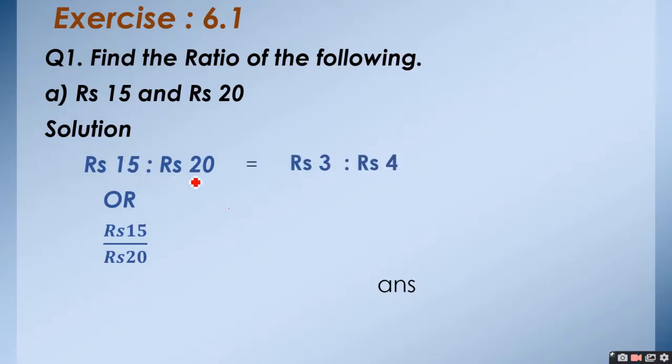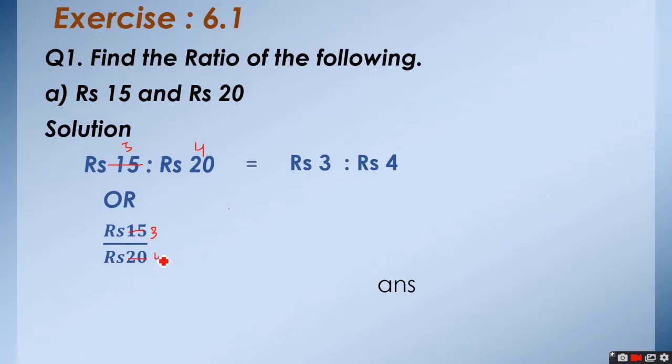Rupees 15 ratio rupees 20 will reduce to the lowest term, and we have got rupees 3 ratio rupees 4. They will be cancelled out by 5. 5 threes are 15 and 5 fours are 20.